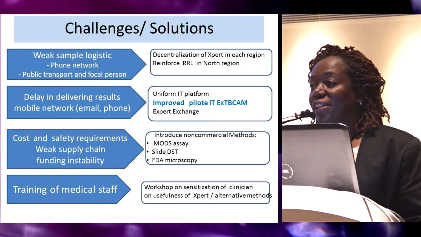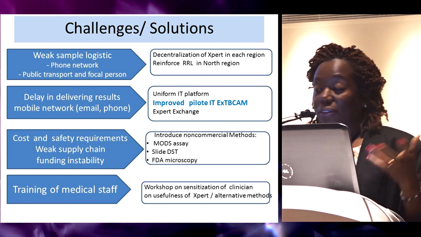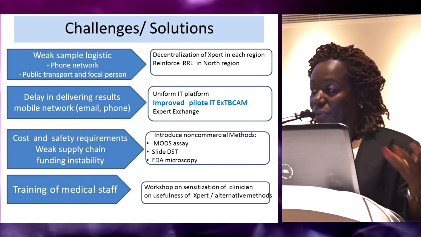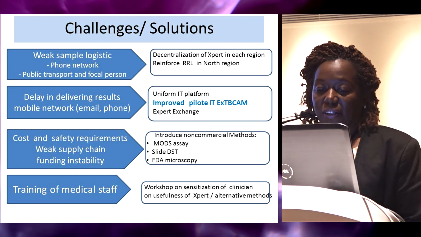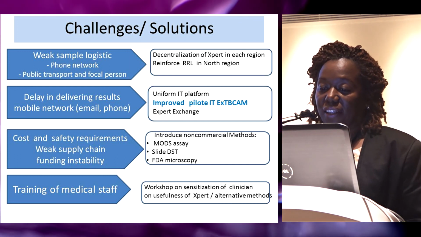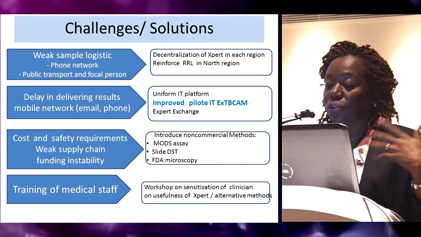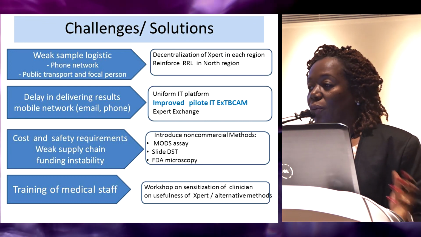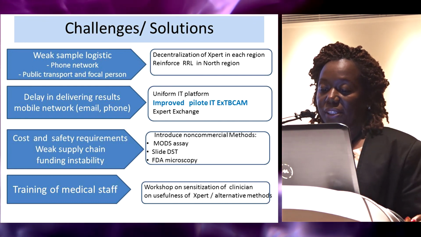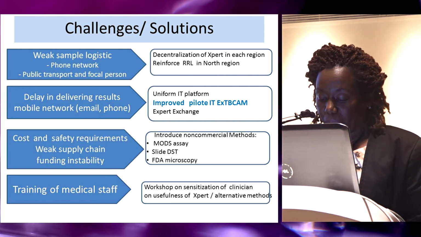So we really need the National TB Program to sustain; the government has to sustain what we have already implemented through external funding. And at the level of the national reference, we also need to evaluate how to introduce non-commercial methods which seem less demanding, like MODS, slide DST, or FDA microscopy.